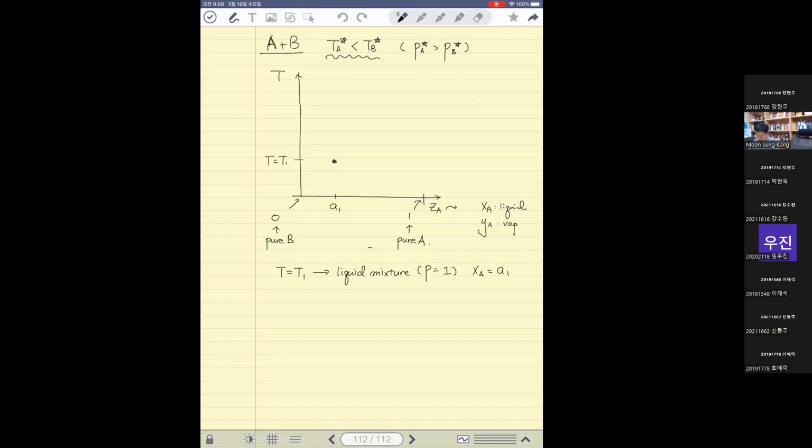And let's say I increase the temperature. So in this phase diagram, I'm going to increase the temperature. And as you increase the temperature, you're going to reach one point where you're going to start observing a vapor phase, because either A or B is going to evaporate, right?